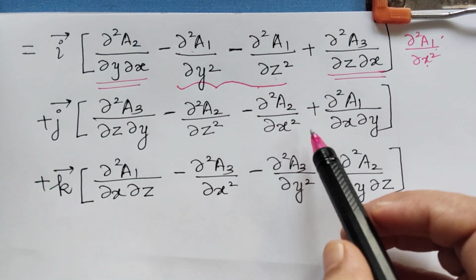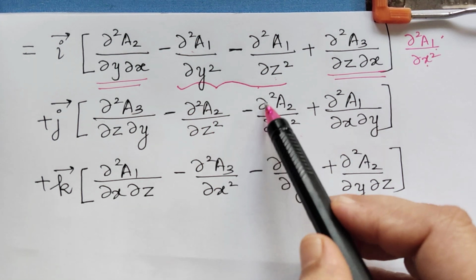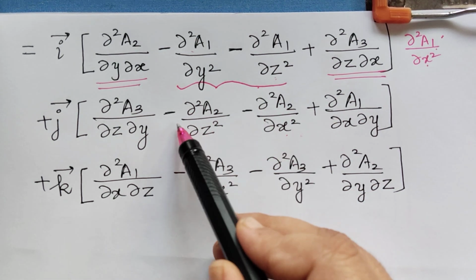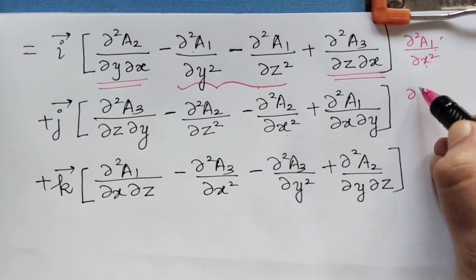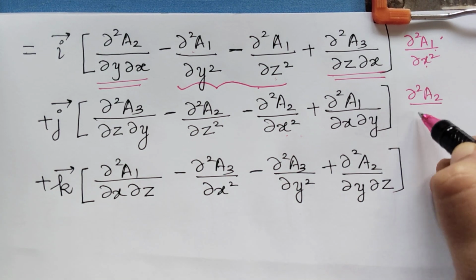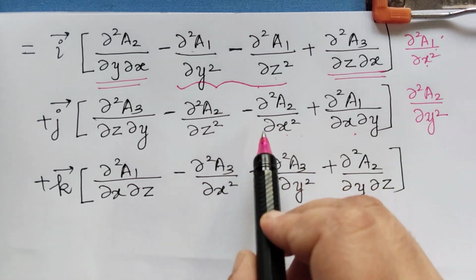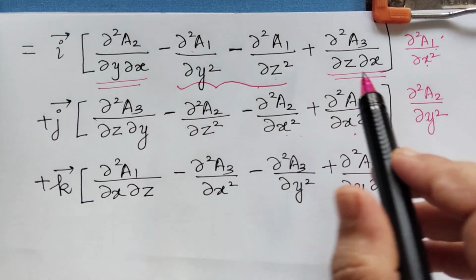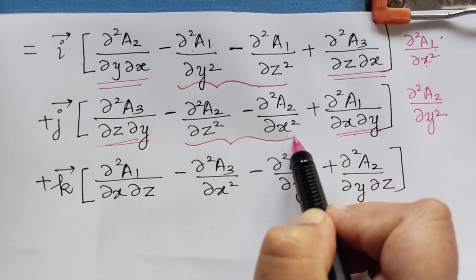Similarly, what has to be added and subtracted for the jth component? If you see, you have dou square a2 by dou x square, dou square a2 by dou z square. So if you have dou square a2 by dou y square, it will be convenient. So this we have to subtract along with these terms and add it to these two terms. So it can be combined in that manner.